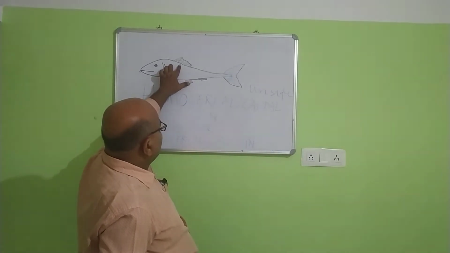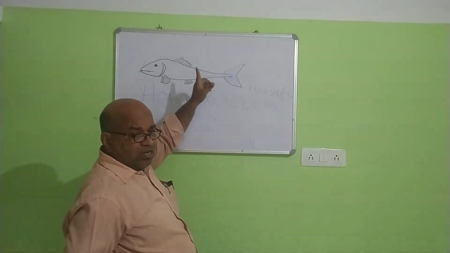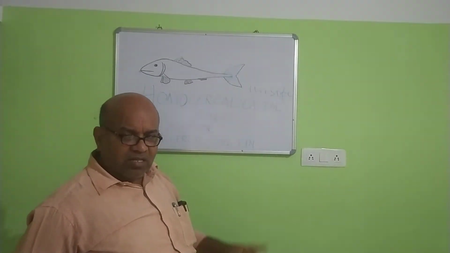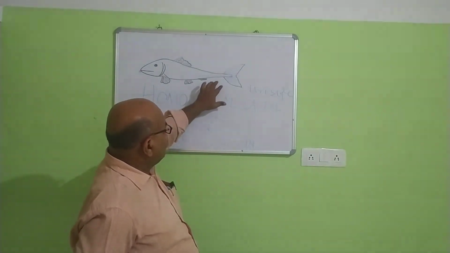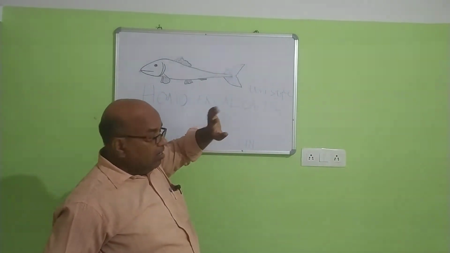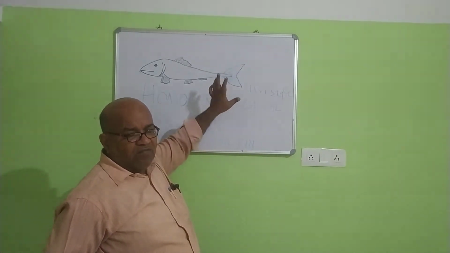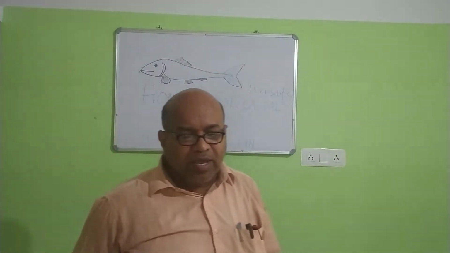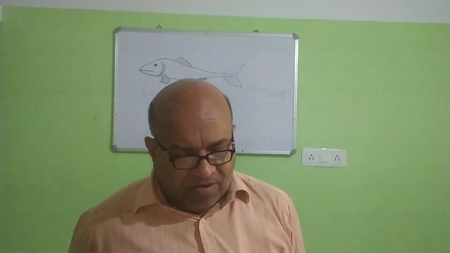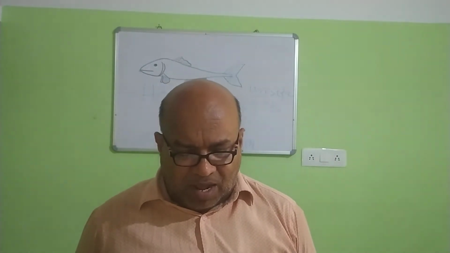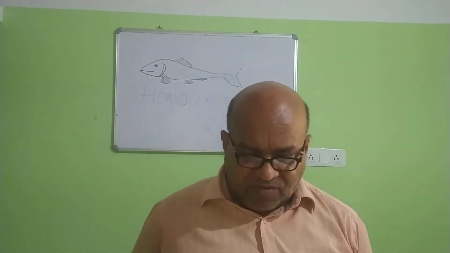But this fin, which maintains equilibrium, remains on the dorsal side, so it is called the dorsal fin. That is also supported by the finlets. My question is not there. My question is here, the tail fins. And this fish possesses the homocercal caudal fin. Homocercal caudal fin is the characteristic of fishes with a terminal mouth, and it strokes the force of the fish straight forward.